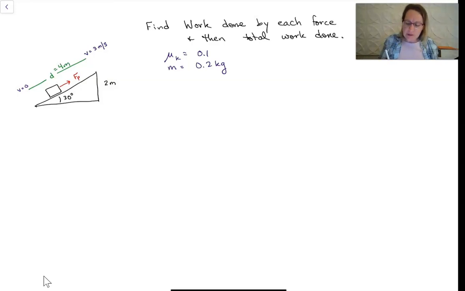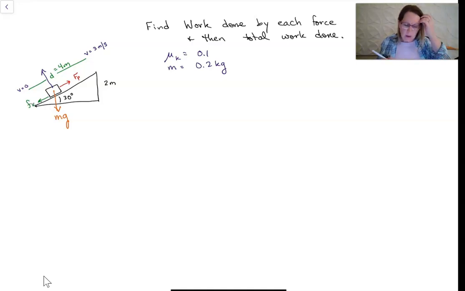Okay, so the forces that we've got to work with, so we know the work done by each force, we have certainly mg, we have force normal, we have this pulling force that's up the incline, and then because it's moving up the incline and there is friction, there's going to be a friction force.